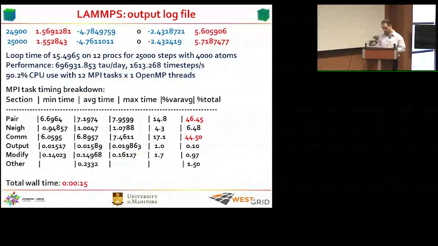Now the file continues. At the end of the simulation, there are some statistics you can use. For example, here it says a loop time of 1549 seconds on 12 cores for 25,000 steps with 4,000 atoms.